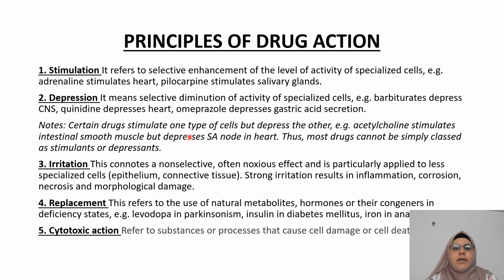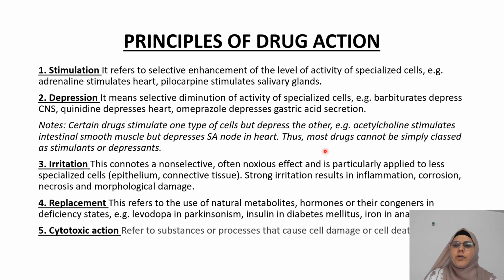Certain drugs stimulate one type of cell but depress another. In our body, if you take some drug to stimulate, meaning to enhance the activity of one cell, it may decrease the activity of another cell. Like for example, if your heartbeat is low and you take some drug which stimulates the heartbeat and it becomes normal, it somewhere impacts the other part.